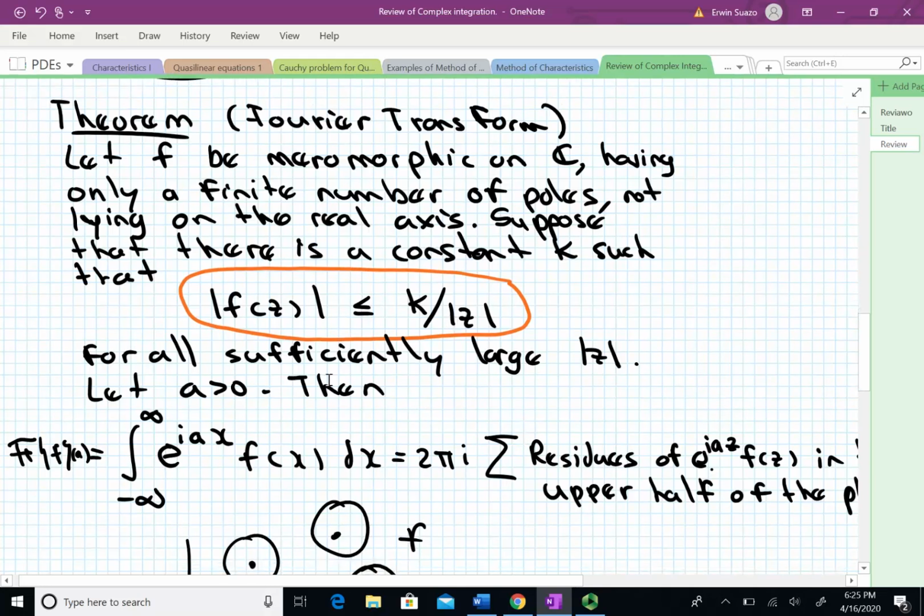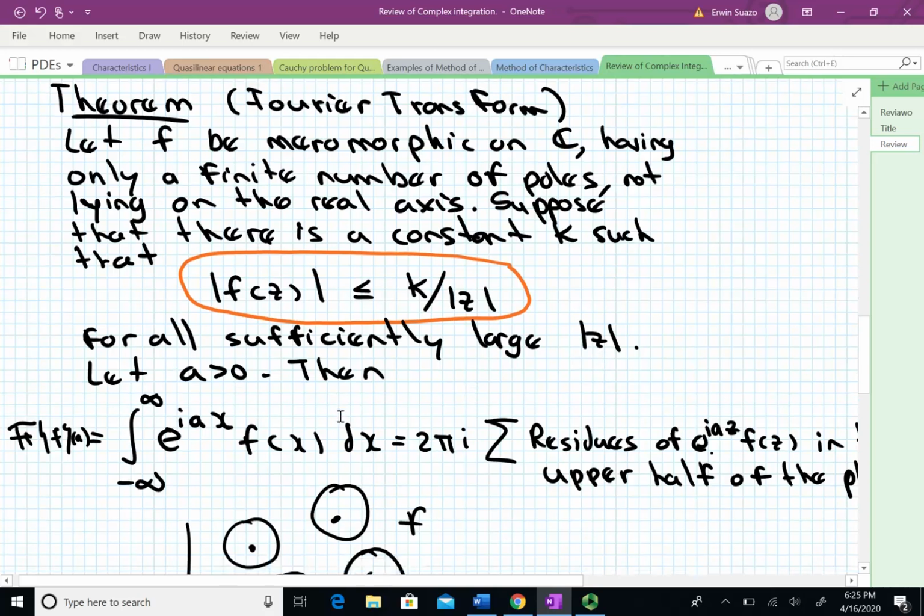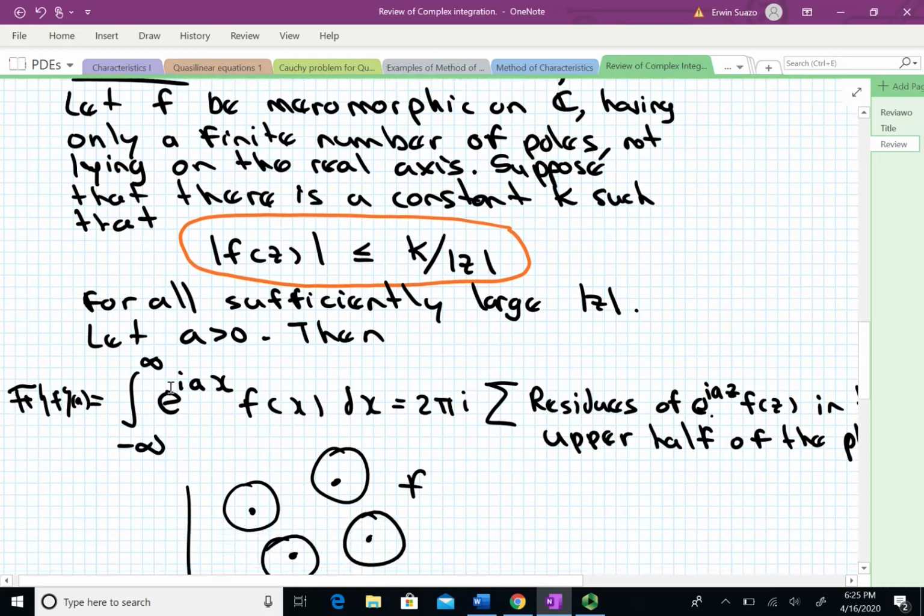So for all sufficiently large C, let a be bigger than 0. Then this is my Fourier transform, the Fourier transform of f. Well, this is really the inverse Fourier transform, but it doesn't make a difference for us.